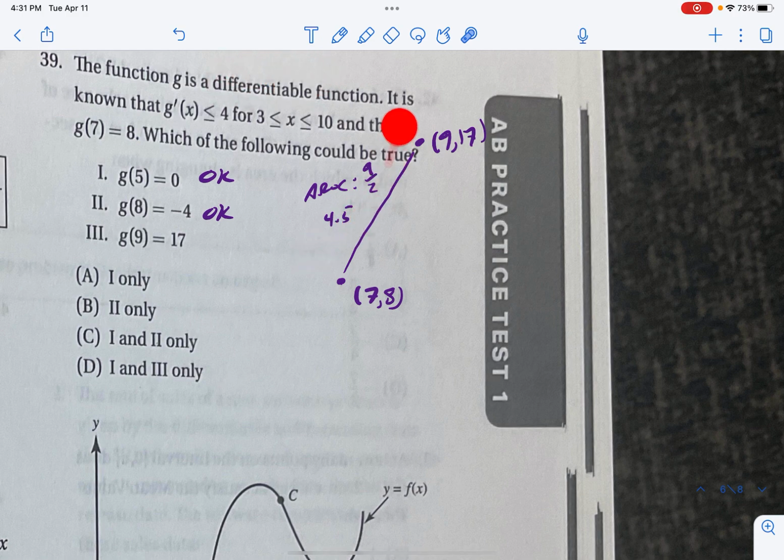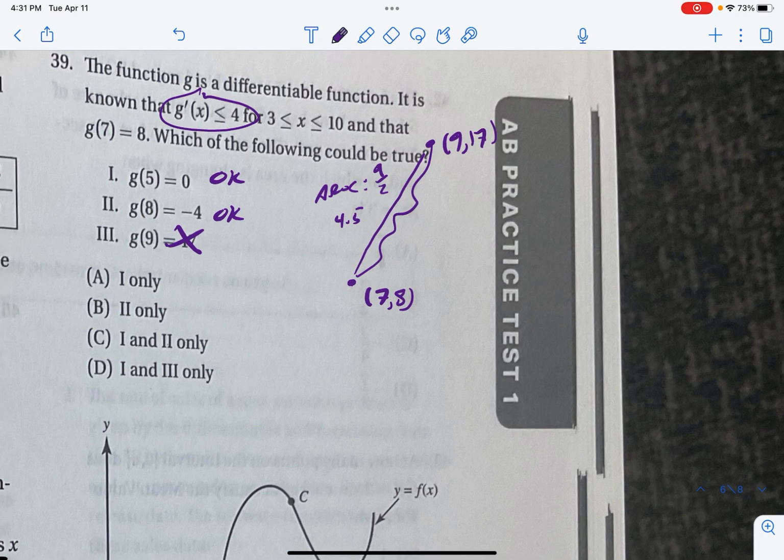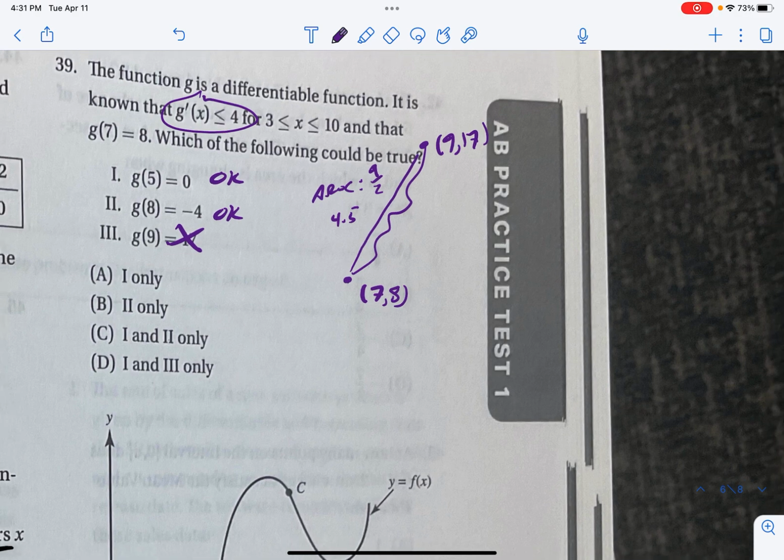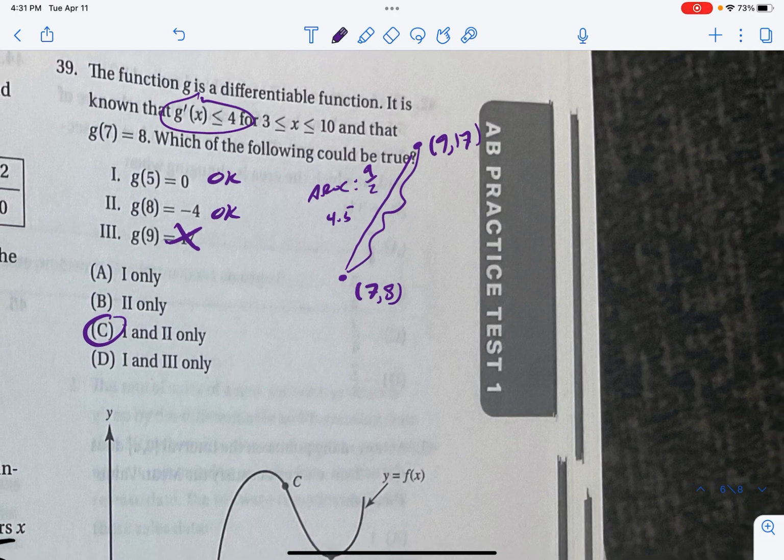So if the average rate of change is 4.5, somewhere in between, even if the graph did something else, the derivative would also be 4.5, which is impossible. So this one is not okay. 1 and 2 are possible. I guess if we're being really technical, they can't be true at the same time. No, actually they can. I take that back. But yeah, 1 and 2 are both possible, so it is C.